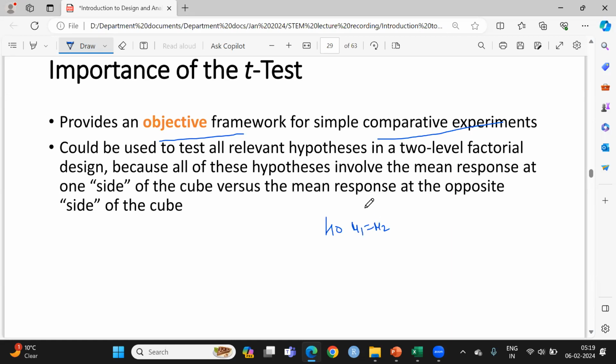When we have two factors, two levels, or two variables, and we want to make a comparison between them, and our data set follows a normal distribution with unknown variance, then we go with the t-test. It could be used to test relevant hypotheses in a two-level factorial design, because all these hypotheses involve the mean response at one side of the cube versus the mean response at the opposite side of the cube.